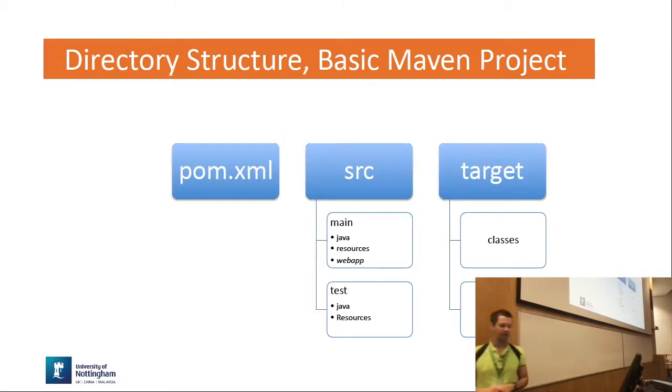So there's a pom.xml file that we just made note of, and then there's a source directory with all your source code in it. It has your Java files, resources, maybe some web applications. It has tests, test files. And then there is the so-called target directory, which is your compiled objects and classes, jar files, and so on.